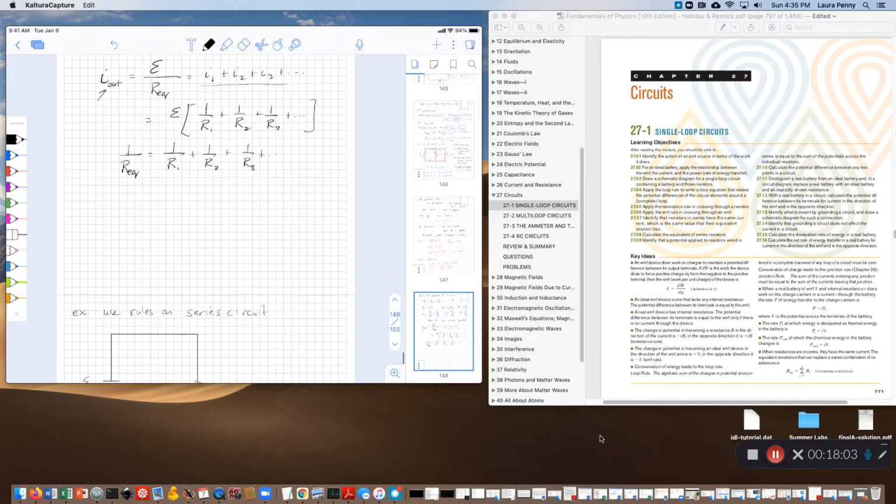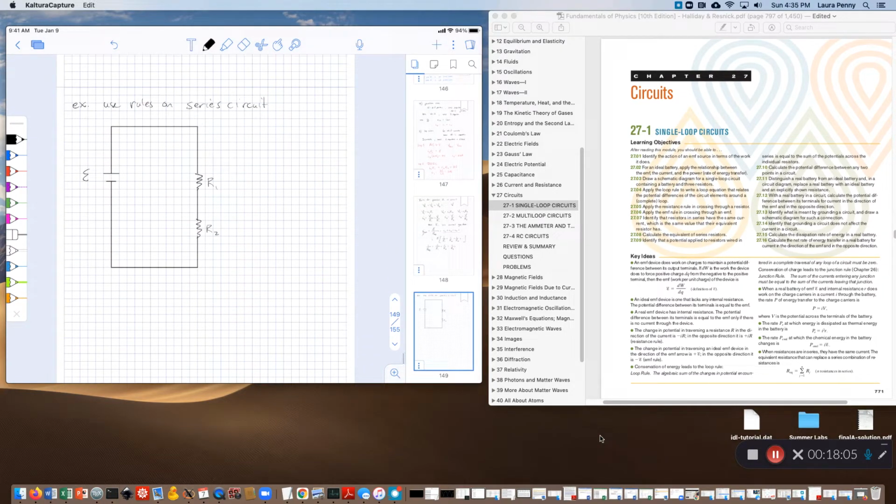Okay, let's do the same sort of thing for a series circuit. So again, as before, I'm going to label all of my corners and junctions. Here's A, B, C, and D. Now in a series circuit, and again, we'll use the same numbers here. We'll say this is 5 volts and 1 ohm and 2 ohms.